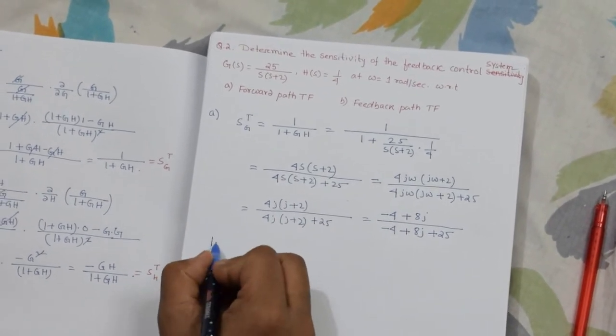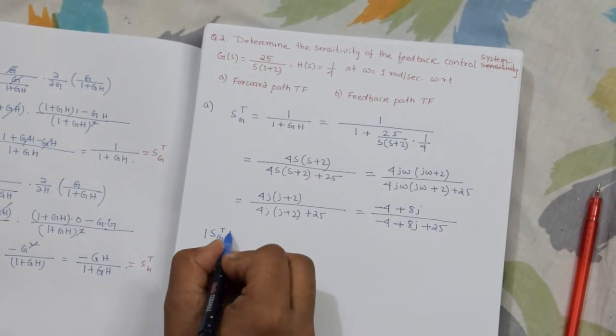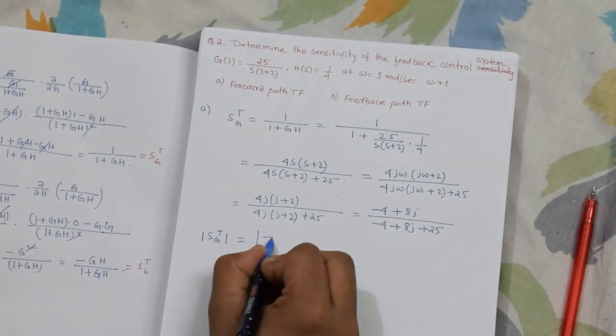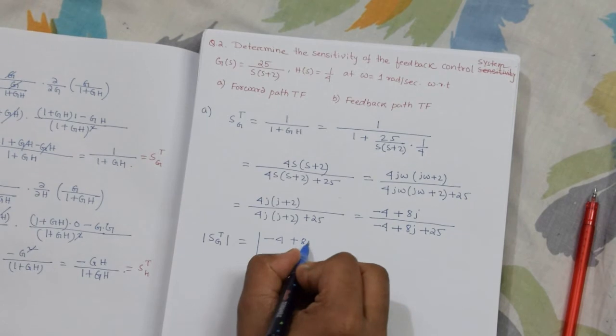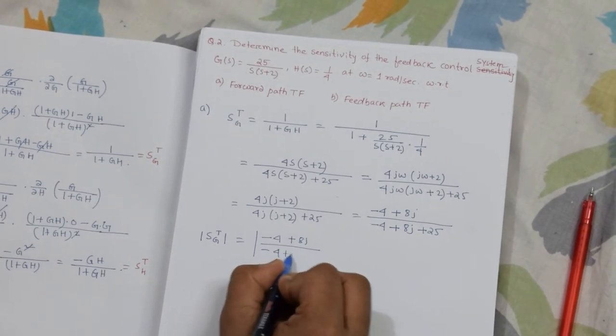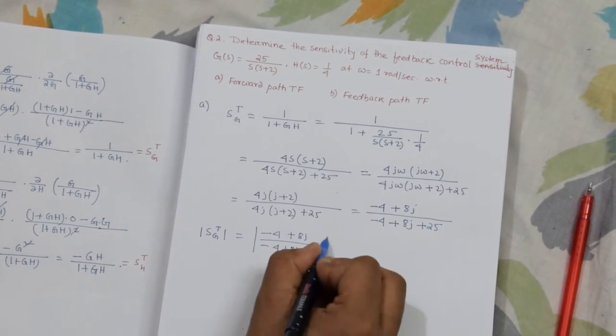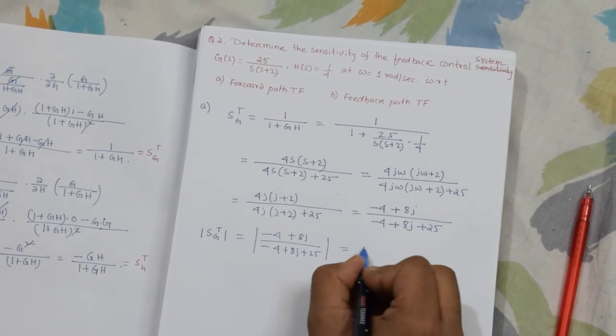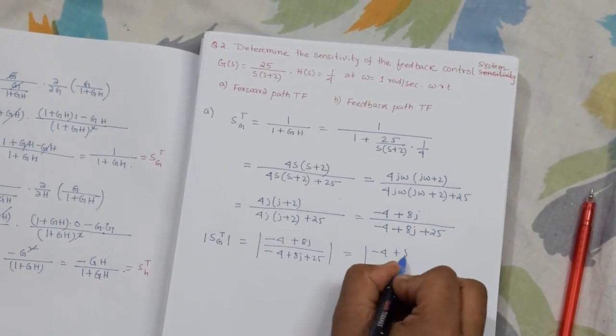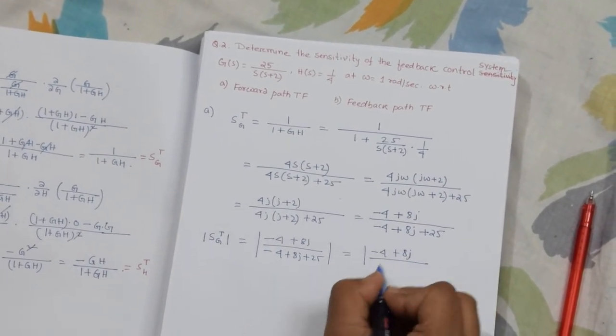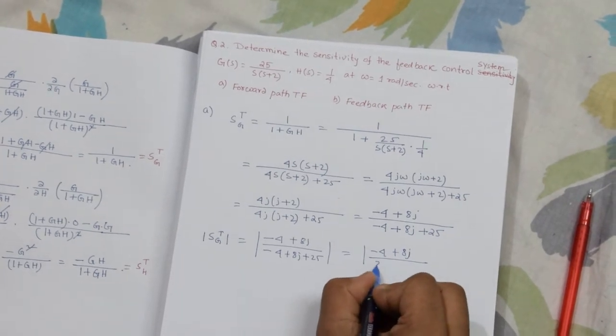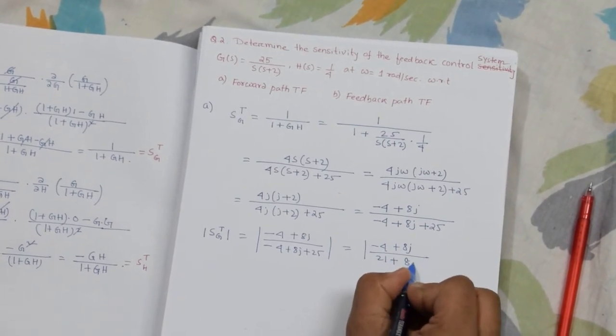Now we need to find the magnitude of this one. So the magnitude of this one is mod of (minus 4 plus 8j) by (minus 4 plus 8j plus 25). So it is mod of (minus 4 plus 8j) by (21 plus 8j).